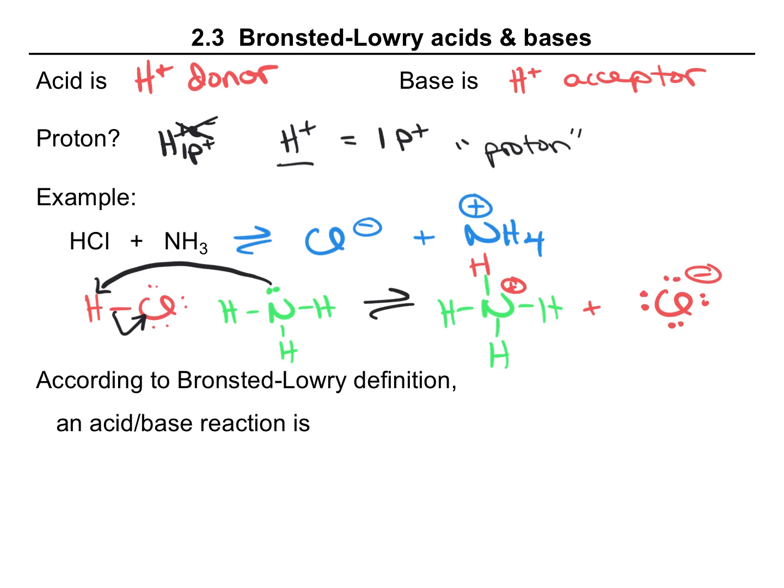So in this example, we can see that ammonia is the base because it grabs the proton, or it accepts the proton, and then HCl is the acid because it donates the proton. So according to the Bronsted-Lowry definition, an acid-base reaction is a proton transfer.